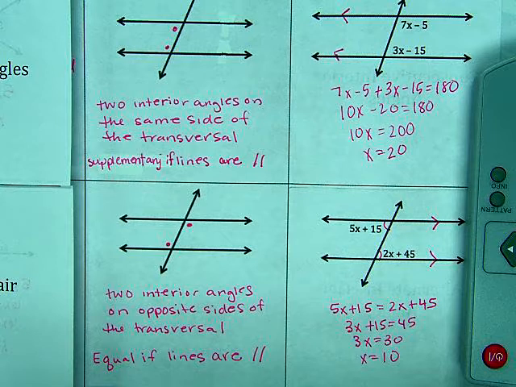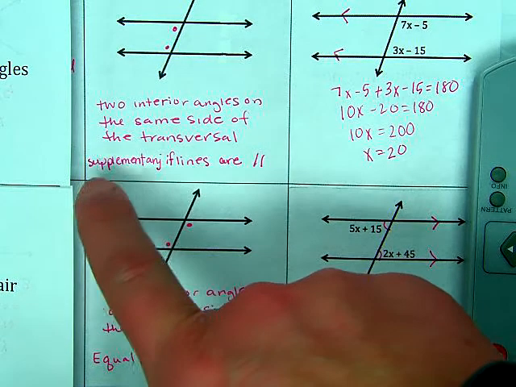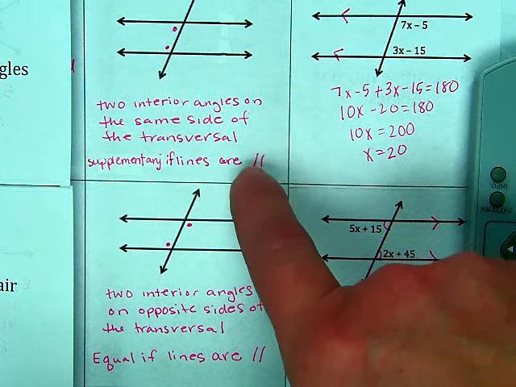There are other consecutive interiors on the exact opposite side, okay? So 2 interior angles on the same side of the transversal, that's your definition, and this bottom line says supplementary if lines are parallel.